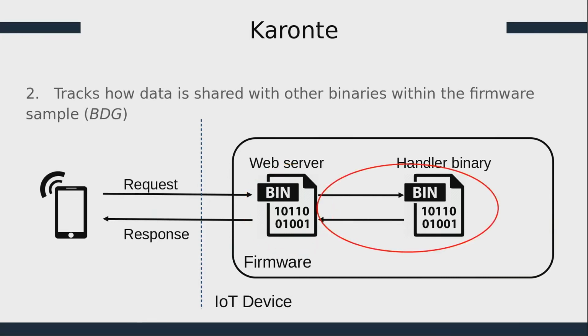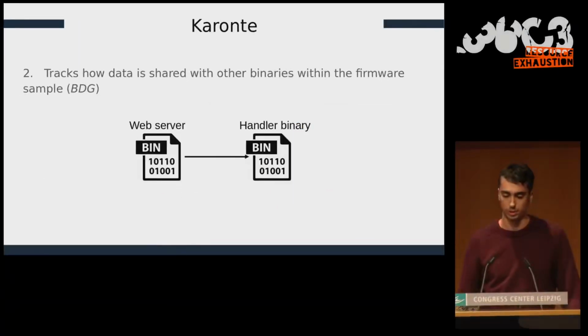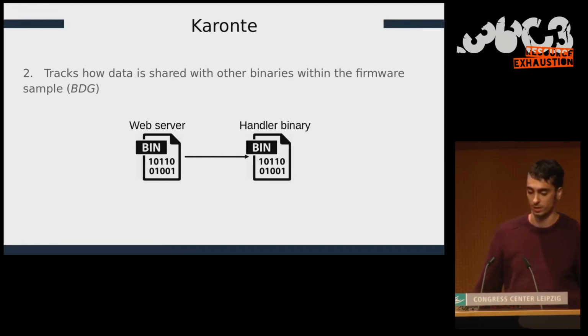Then it tracks how data is shared with other binaries within the firmware sample, which we will see in this example, where the web server communicates with the handle binary, and it builds what we call the BDG. A BDG, which stands for binary dependency graph, is basically a graph representation of the data dependencies among different binaries.